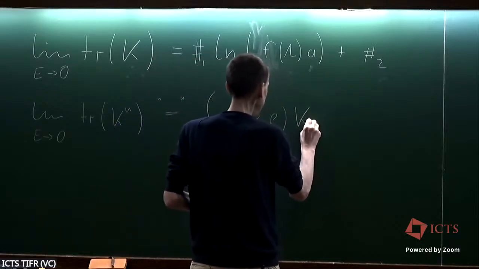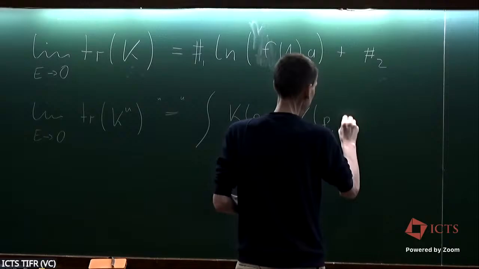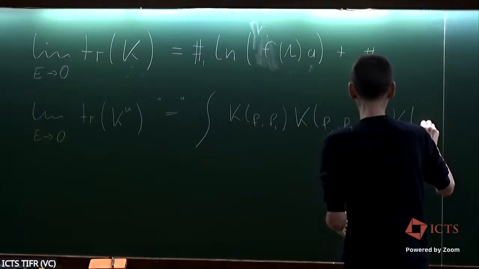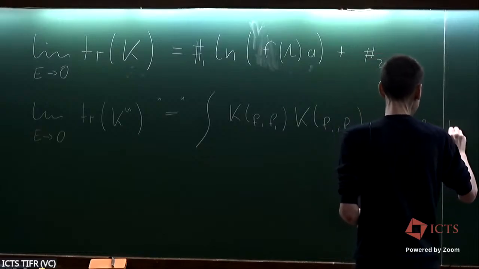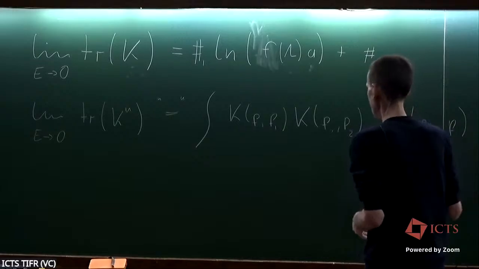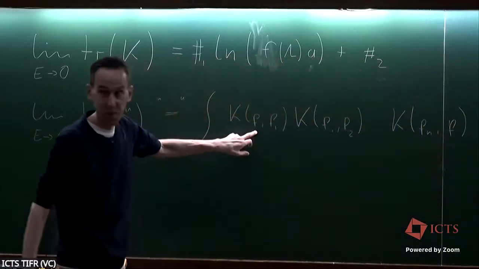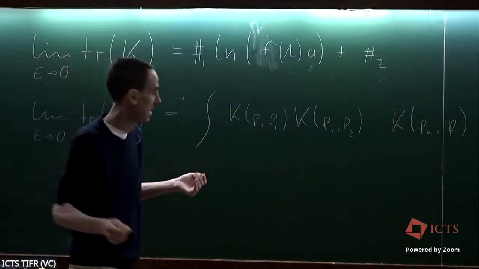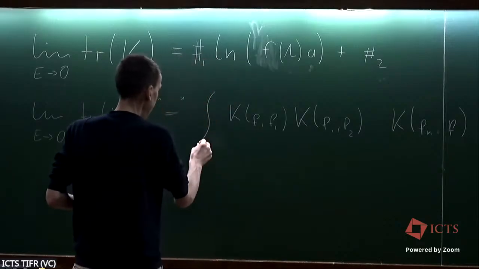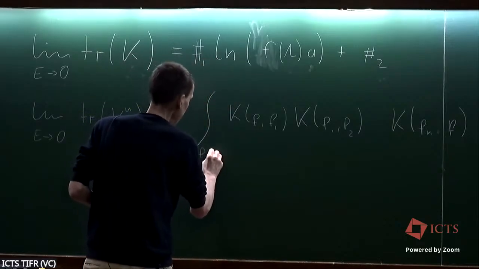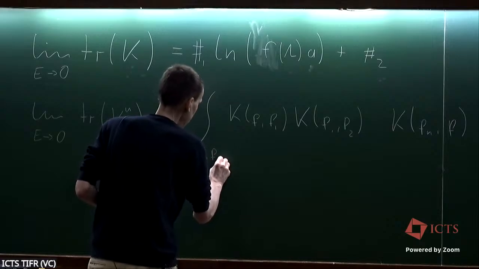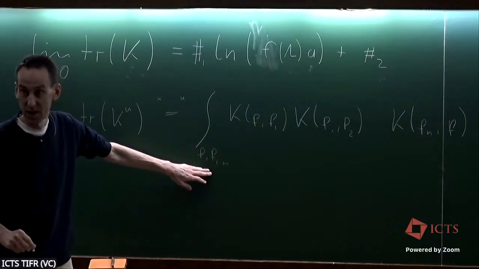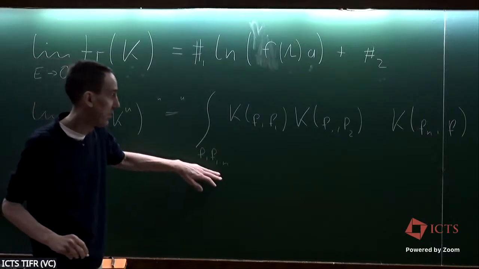So the iteration is then P1, P2, and so on up until Pn, and then again P. The reason why I have P here and P here is reflecting the fact that I'm taking the trace, or the diagonal, and the integral goes over P and P1 to Pn in three-dimensional momentum space.